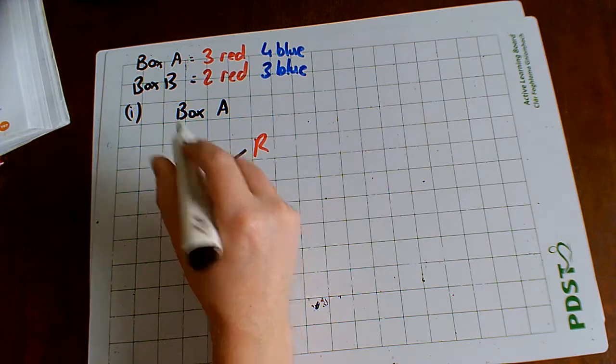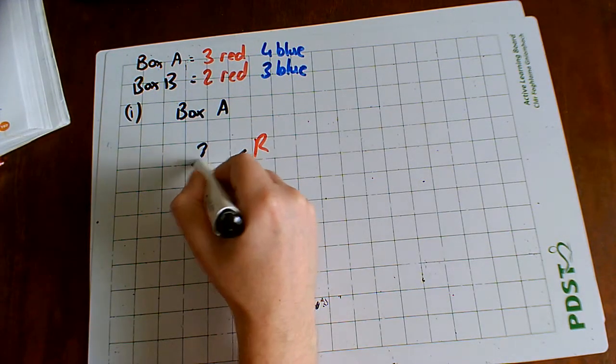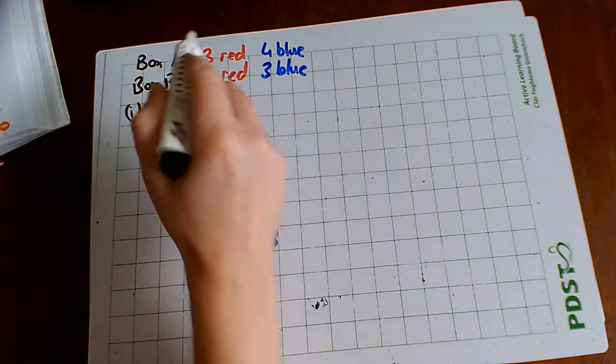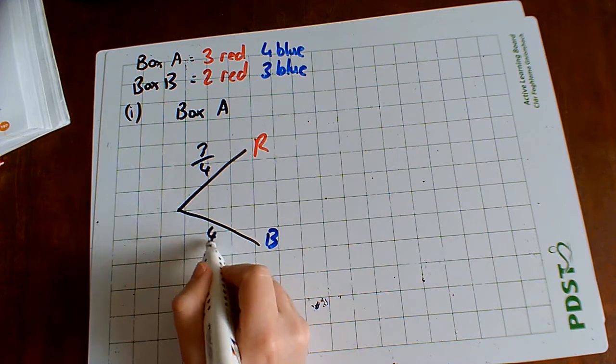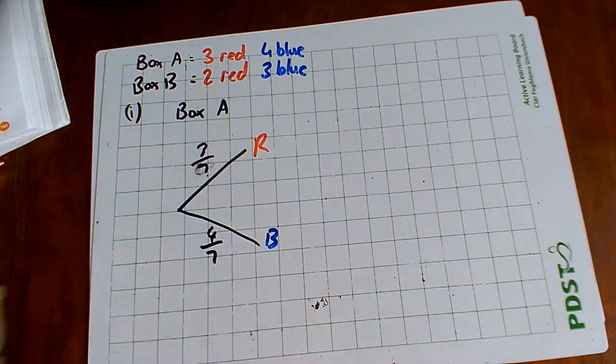The probability of red in box A is 3 out of 4. So you put that on the branch. And box A still, blue out of 4 is 4 out of, that's wrong. First mistake, 3 out of 7 and 4 out of 7. Okay, rushing. 3 out of 7 and 4 out of 7.